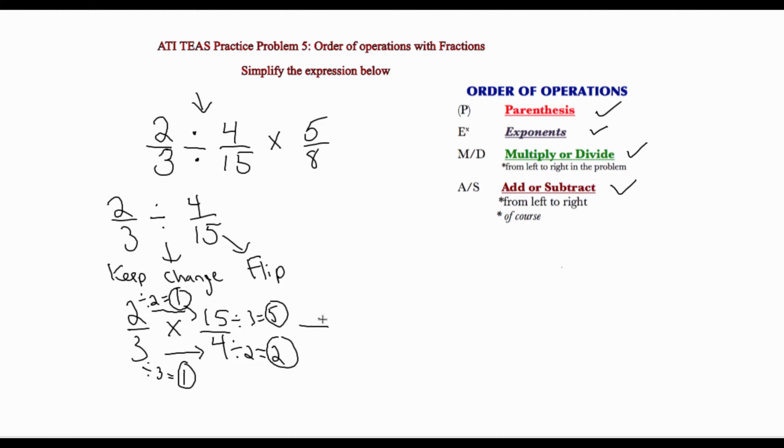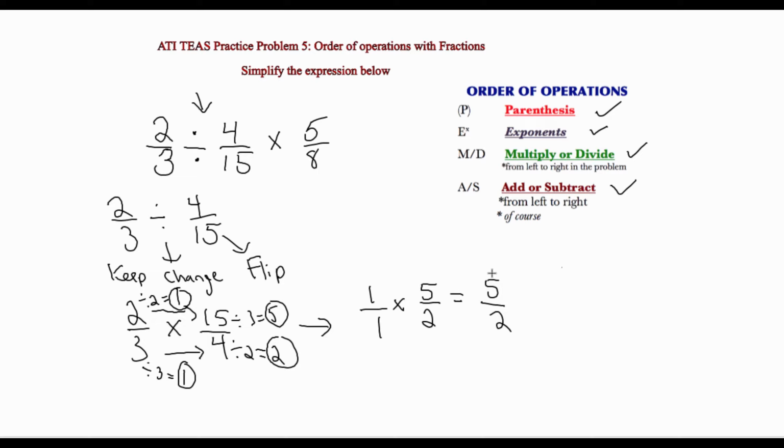So let's rewrite these two fractions as 1/1 times 5/2. So if we multiply across, numerator times numerator, we get 5. Denominator times denominator, we get 2. So 5/2.